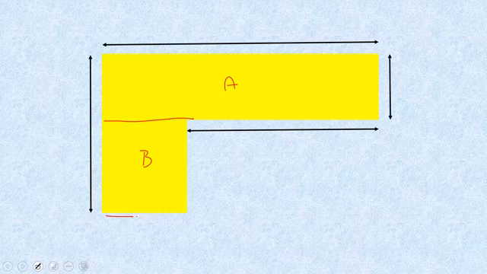And then any unknown lengths, we'd have to work that out by looking at the things we've been given, and that's how we would then calculate the perimeter. So let's have a look at a couple of examples.